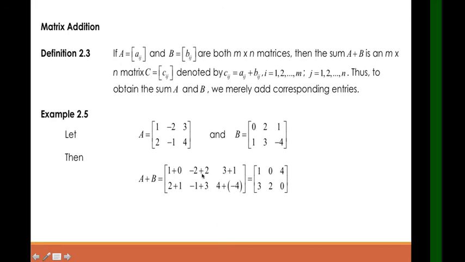Negative 2 plus 2 is 0. 3 plus 1 is 4. 2 plus 1 is 3. Negative 1 plus 3 is 2. 4 plus negative 4 is 0. So this is the resulting sum of the two matrices A and B with an equal number of elements. That is the addition of matrices.